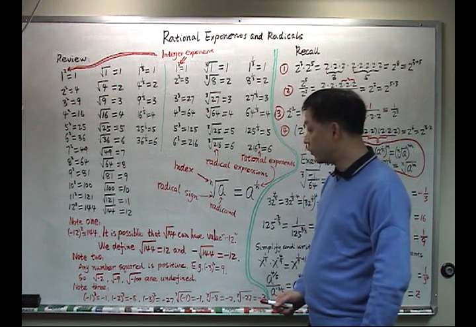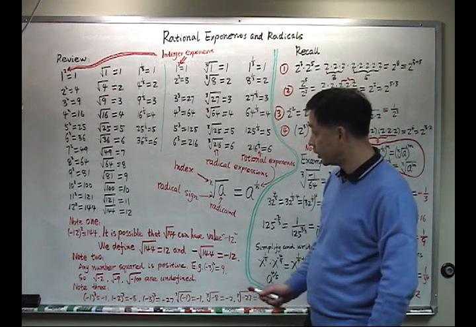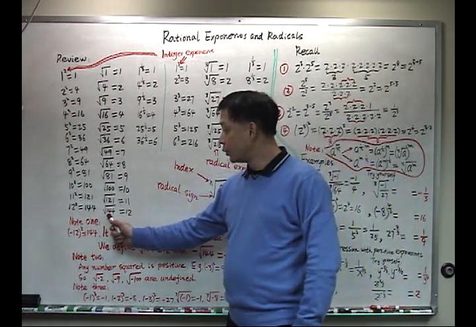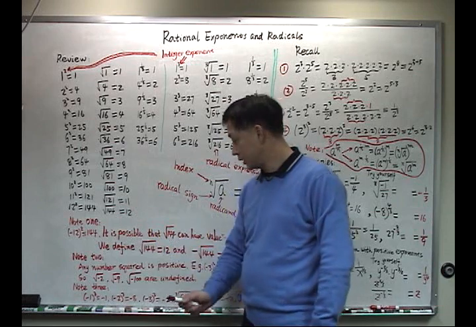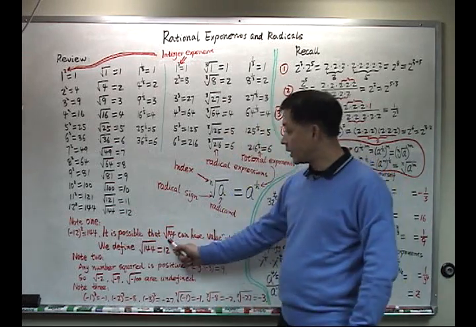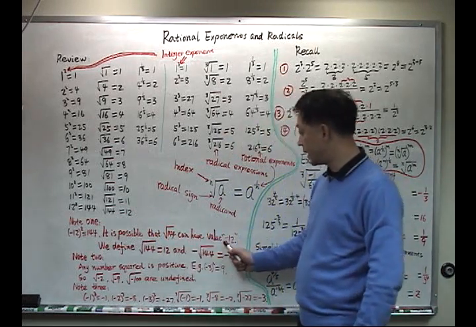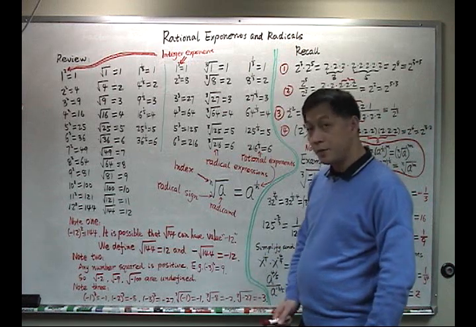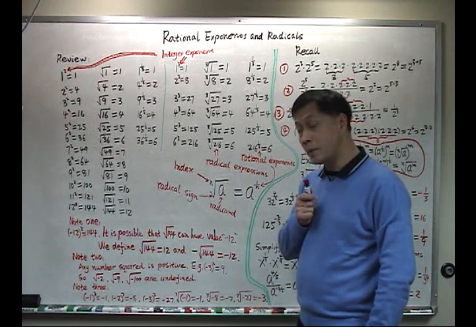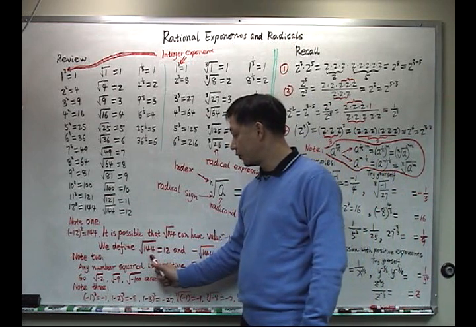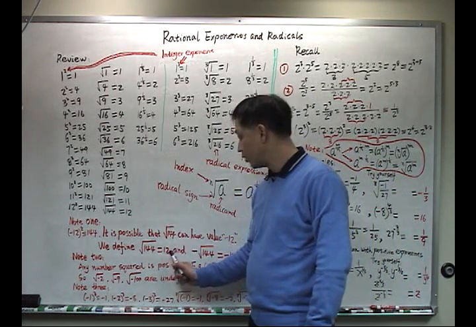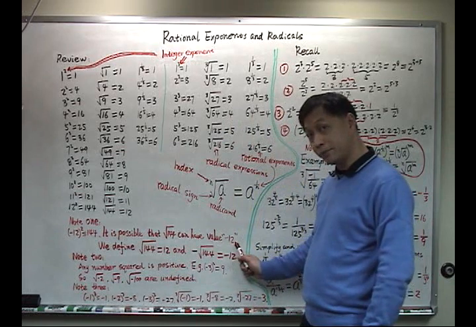In order to avoid confusion, radical 144 is positive 12. Mathematically, we define radical 144 as positive.